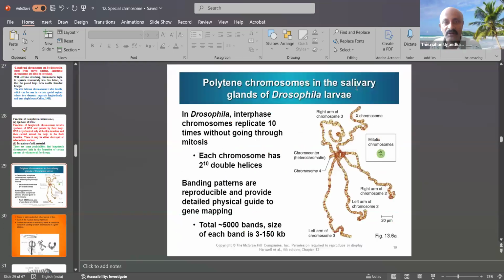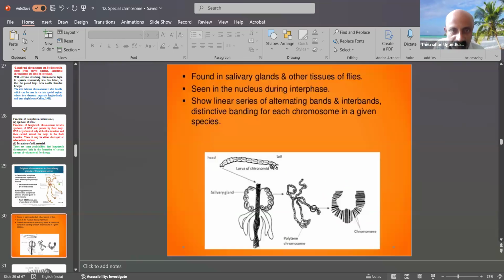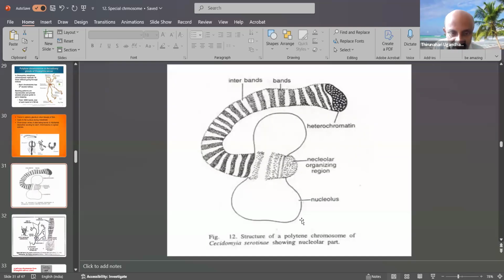These are polytene chromosomes. The total bands are about 5,000 bands, and the size of each band is also about 150. These are found in the salivary glands. This is one band structure of the polytene chromosomes, showing a nuclear part.